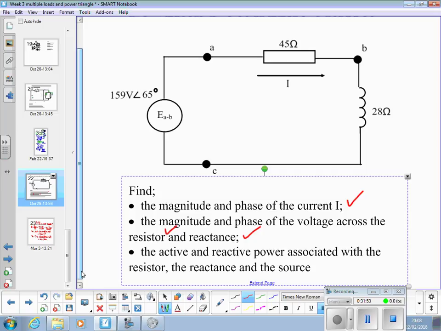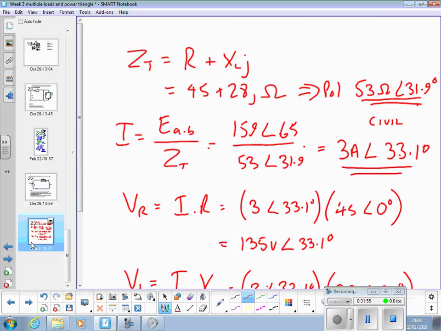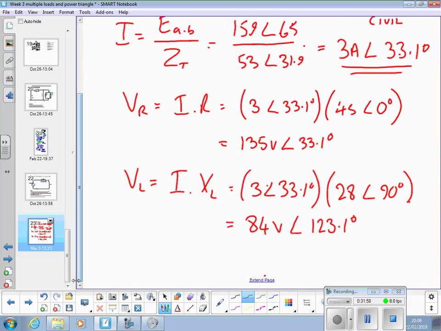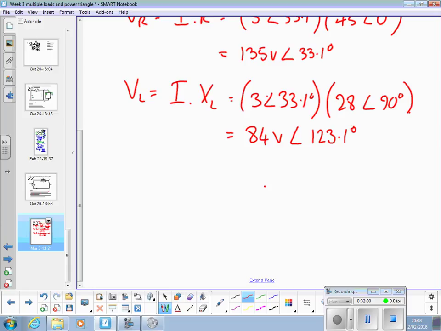Yep. So where can we go now? How can we find power? Which component has drawn real power? Yeah. So how can we get that power? Yeah, it's got to be I, and IR is the same current because they're in series, times VR.